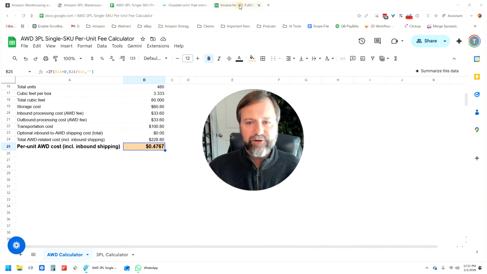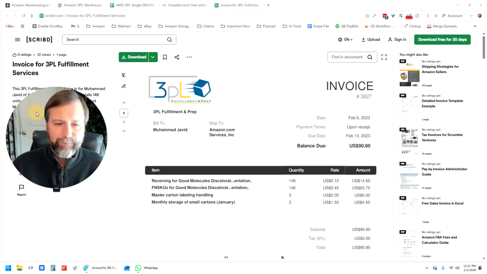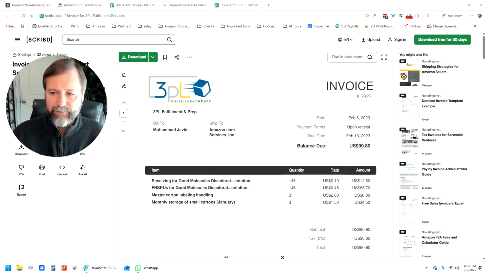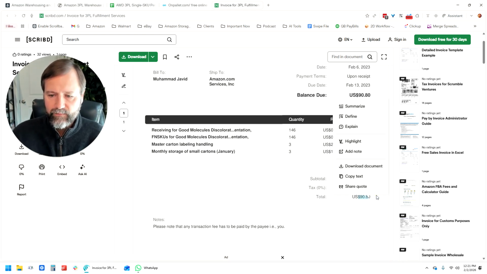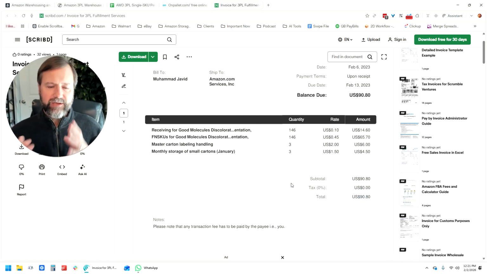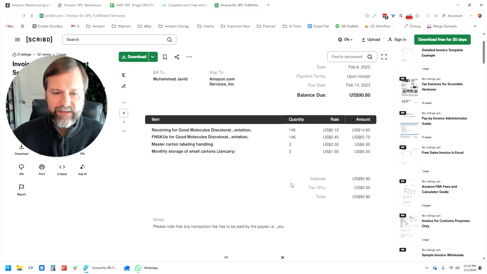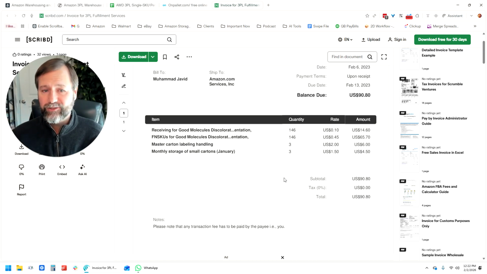So if you're utilizing a 3PL, you probably have some kind of invoice. This is just an example, one that I found online. What you'd want to do is take the last 2 or 3 months, if you're able to, get your total, and remove any shipping and transportation fees if you want to get a per unit basis, because some of that shipping you're going to have to do anyway, sending into AWD.